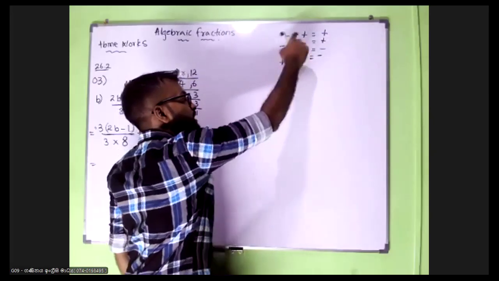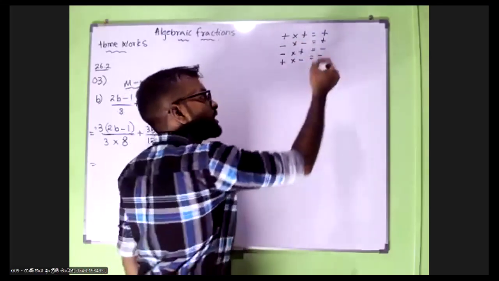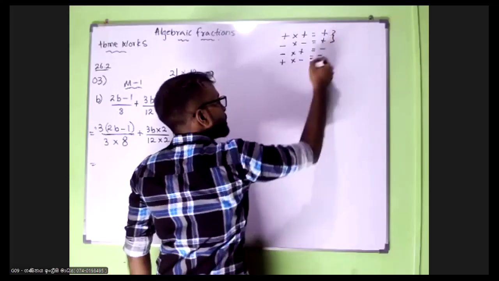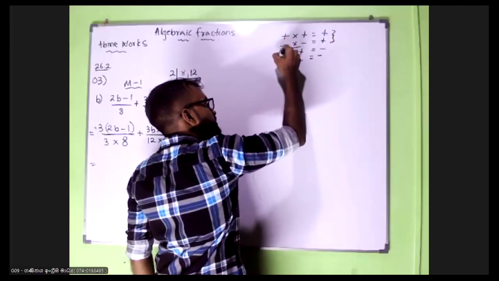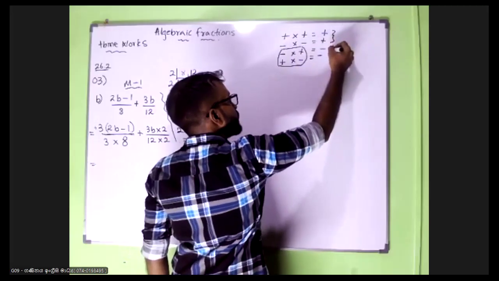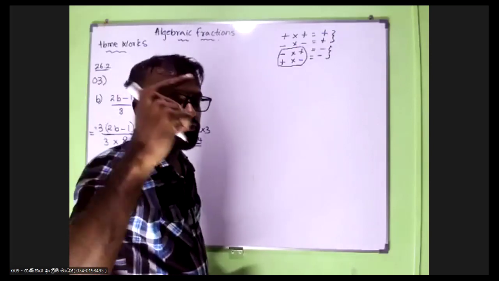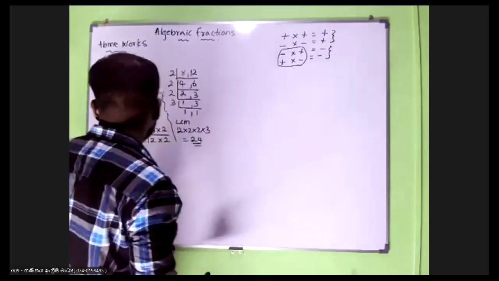If you multiply same signs, you will get positive. If you multiply different signs, you will get negative. Keep that in your mind. We need sign conversion to do this part.